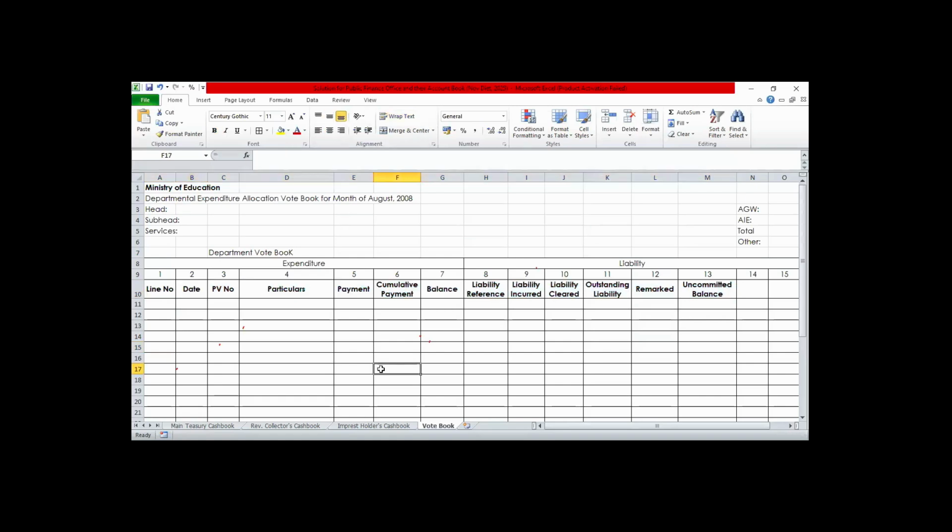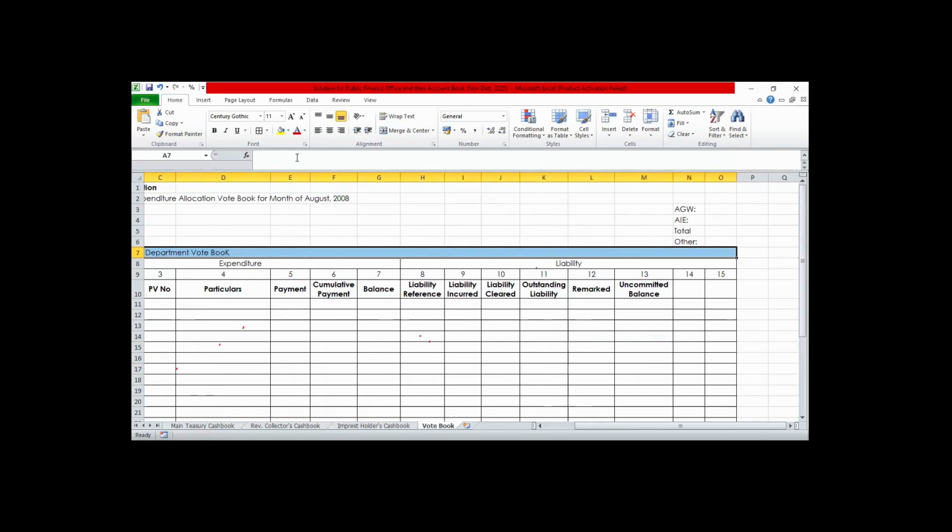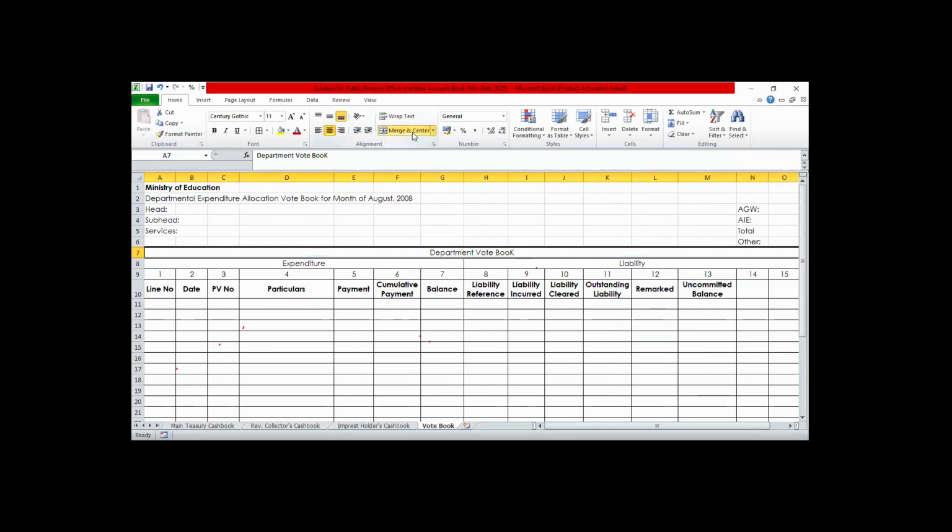Okay, now, first thing we need to understand here, this particular book, what does it mean for? It is a memorandum account for monitoring public spending and public expenditure in order to eliminate the issue of extraordinary spending.